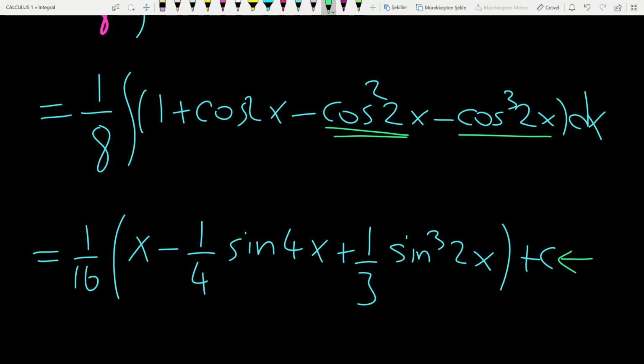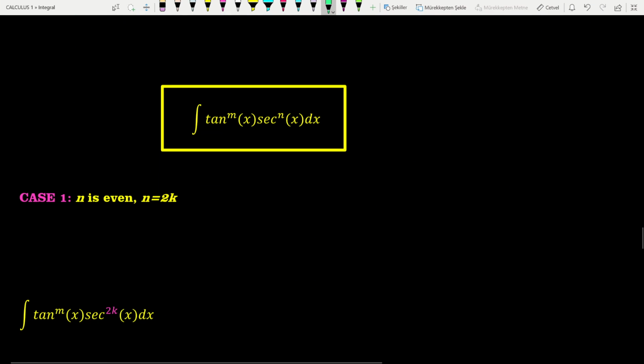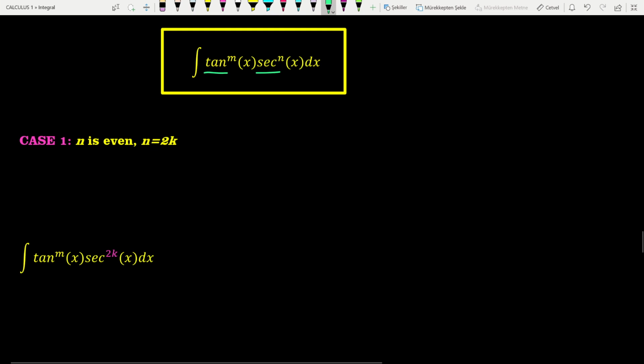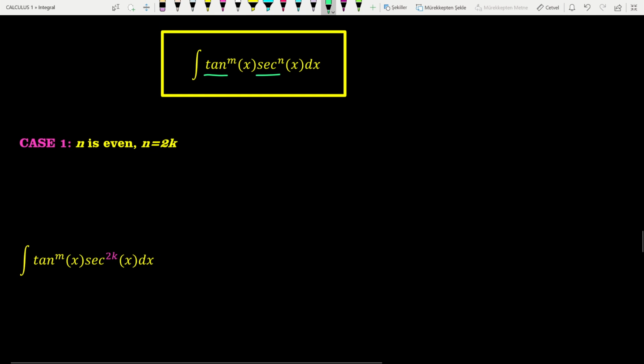Now we have a new type of trigonometric integral. In this type, we have tangent and secant functions in the integrand. We have two cases. In the first case, the power of secant is even, that is n is 2k.